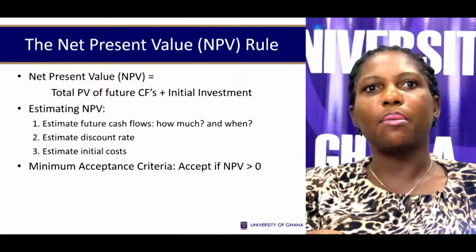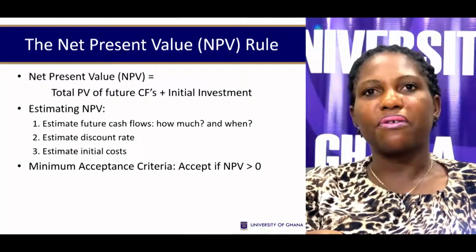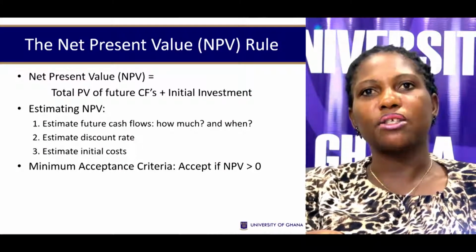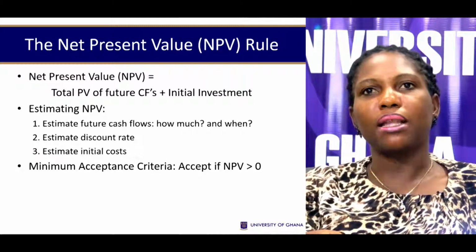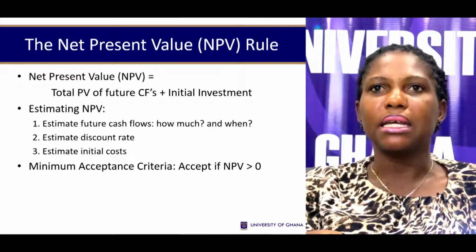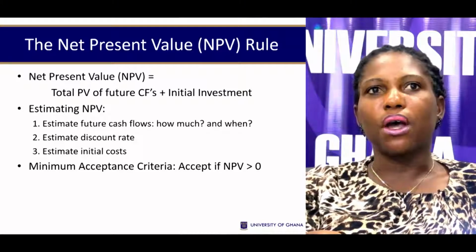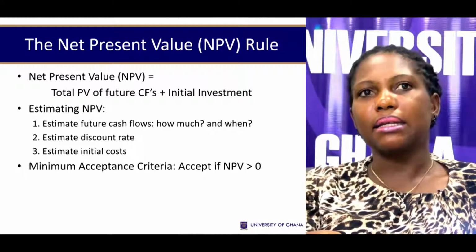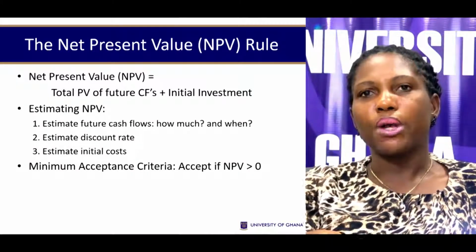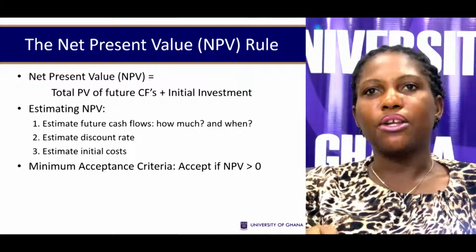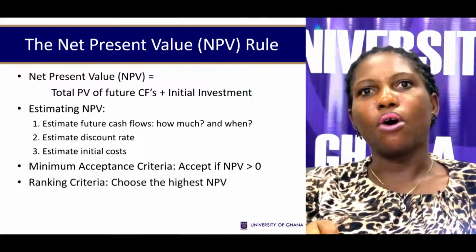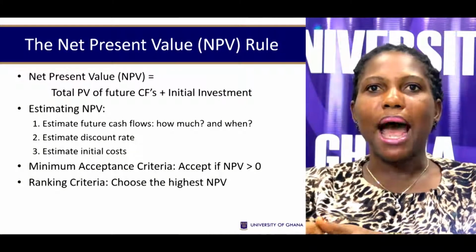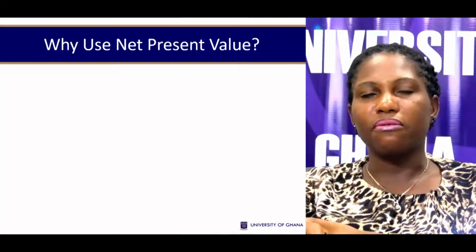And so the same minimum acceptance criterion is reflected here: we only accept projects if the NPV is greater than zero, meaning over the economic life of the investment, it adds value because the cash flows to be received from the project exceed the initial cost after we have adjusted for time value of money. And so when it comes to ranking, you choose the projects with the highest net present value.